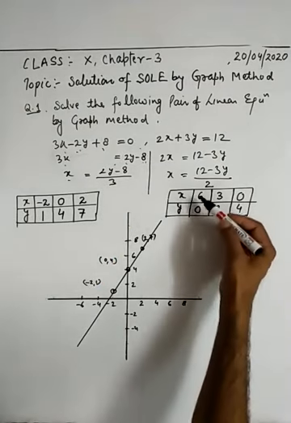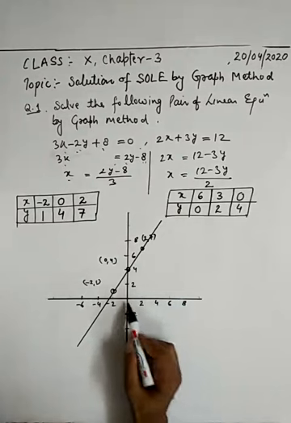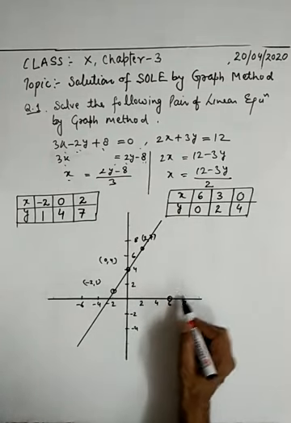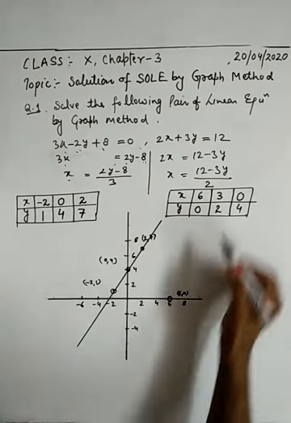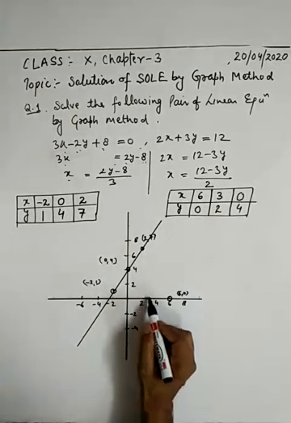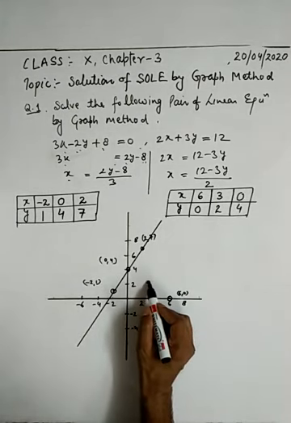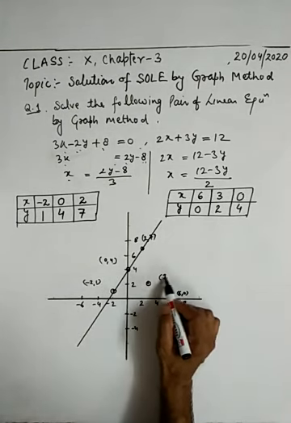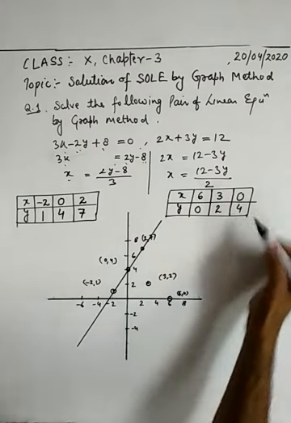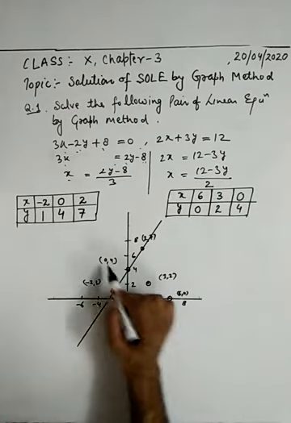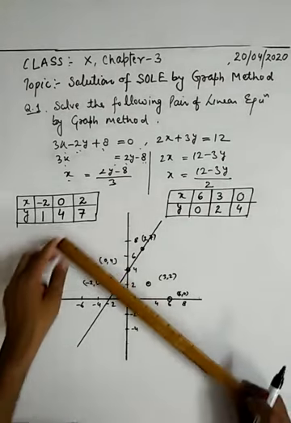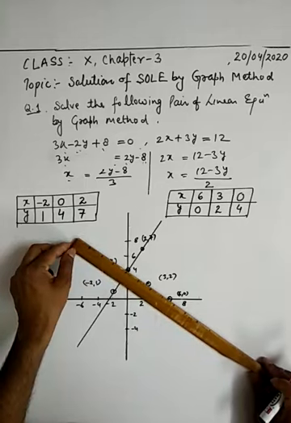Similarly x 6, y 0, x 3, y 2, and x 0, y 4, the same point. Join these three points also.